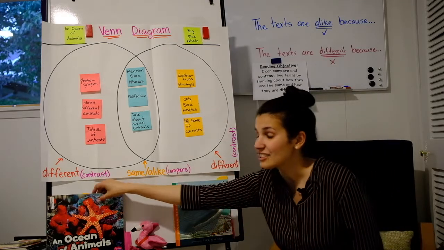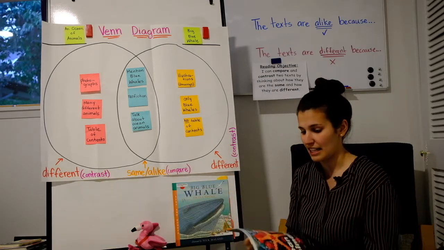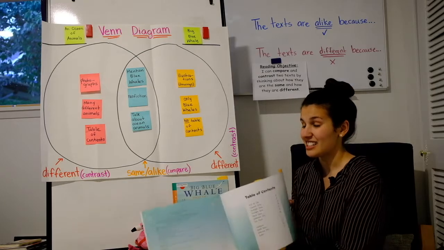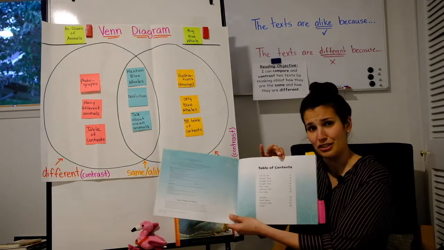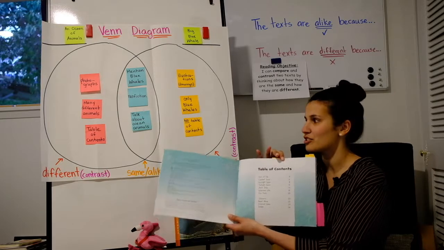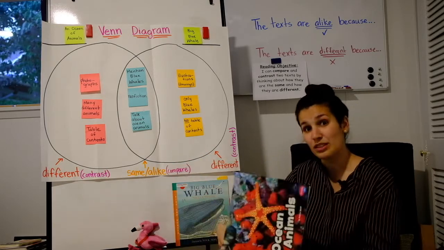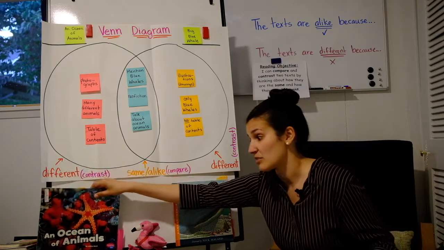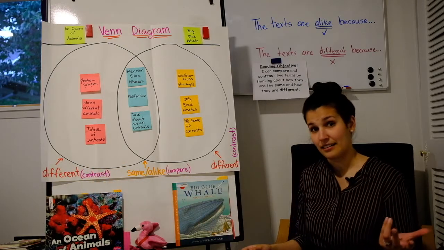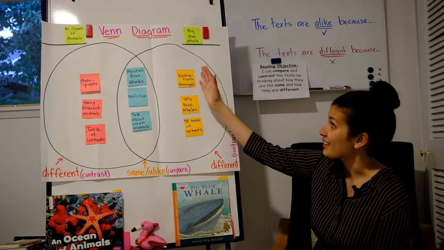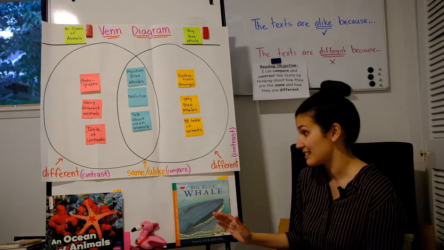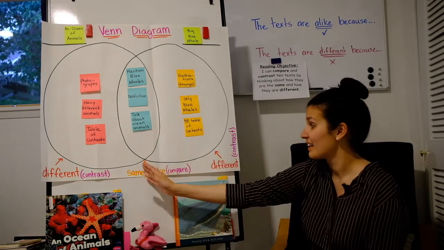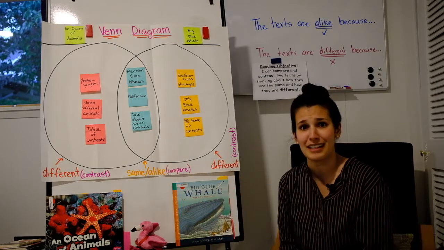So I can notice things about text, not just what the content is, what the words are telling me, but even the text features. It's really important that readers notice what text features books have and what text features other books might be missing. So these are a couple of different ideas about the way that these two texts are similar and different.